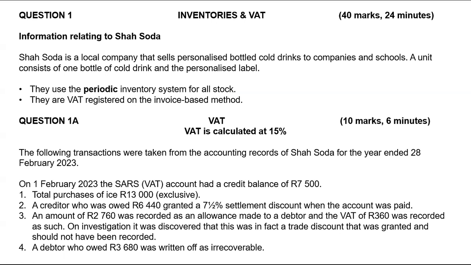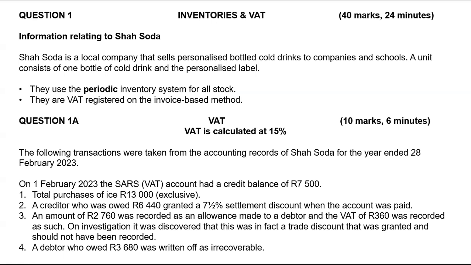But now, later on, when this debtor returns goods, we recognized VAT input. Got it? So the VAT input that we recognize, we actually were wrong. We were not supposed to have recognized it.